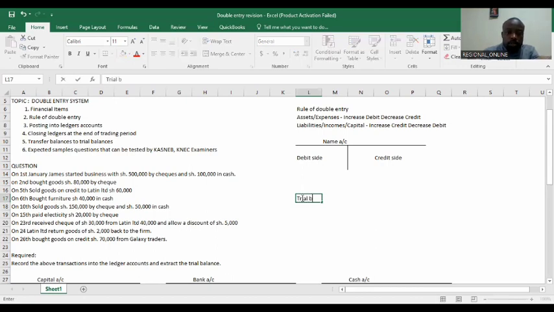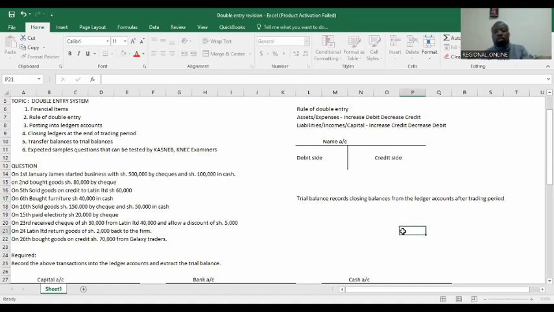So trial balance records closing balances from the ledger accounts after the trading period. So all those balances carried down, they are being transferred to the trial balance.